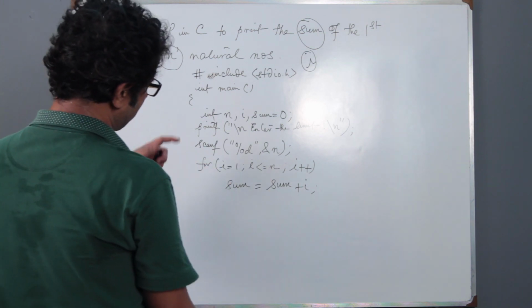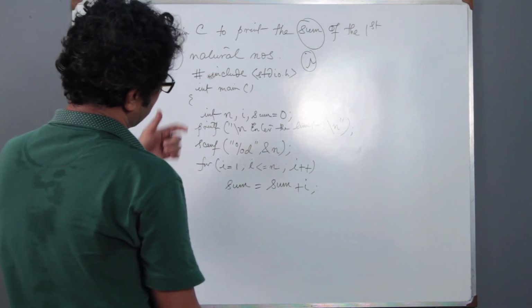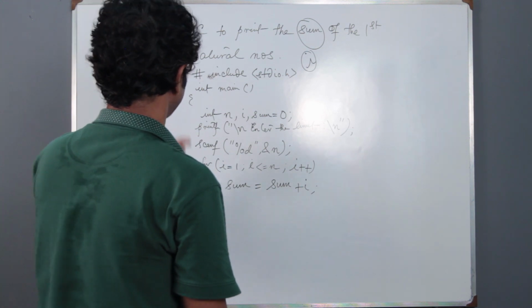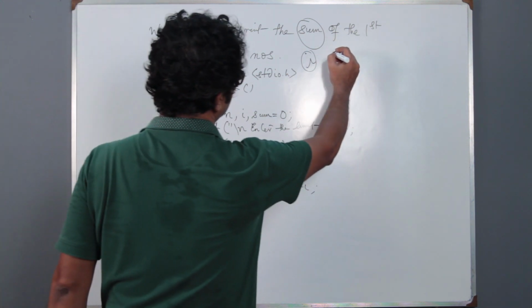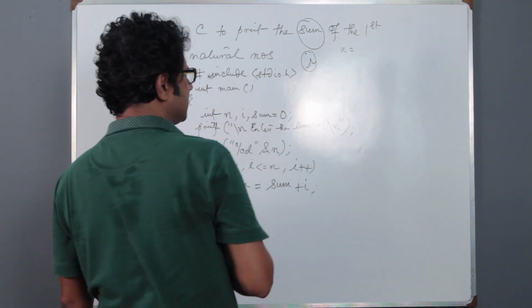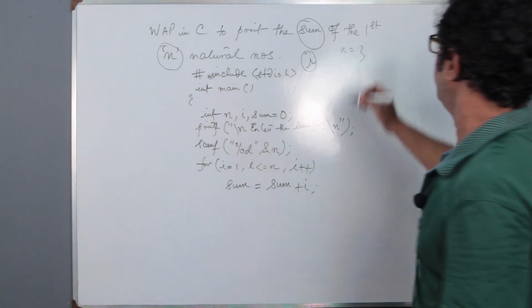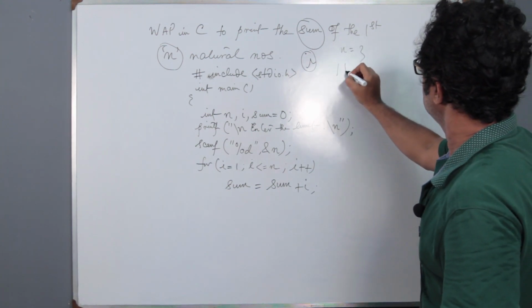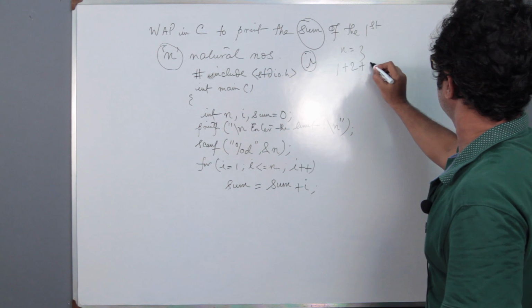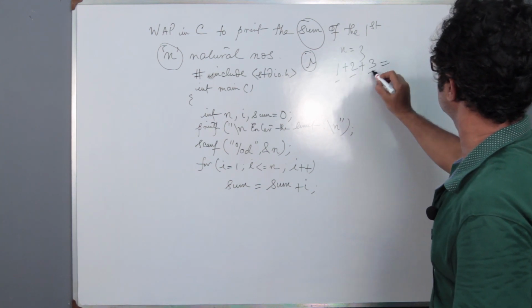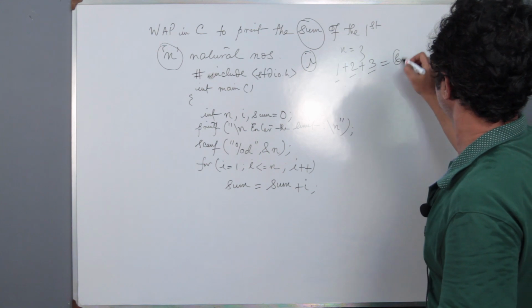It is a very simple logic, but it is a logic for iteration. That is, we are constantly summing up the numbers in this fashion. See, if the user gives the value n equal to 3, then our work is to perform this summation, that is 1 plus 2 plus 3, that is equal to 6.